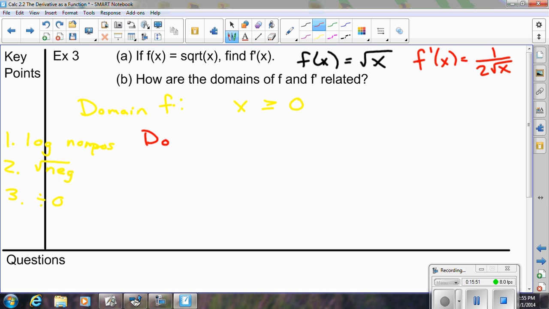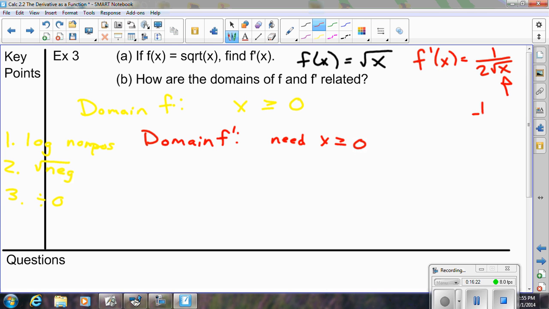But when we look at the domain of f prime, well, we still have the same square root of x. So we still need x to be greater than or equal to 0 for the square root to make sense. And just to further emphasize, that's the square root I'm talking about. But if we plug in x equals 0, yes, the square root will make sense.